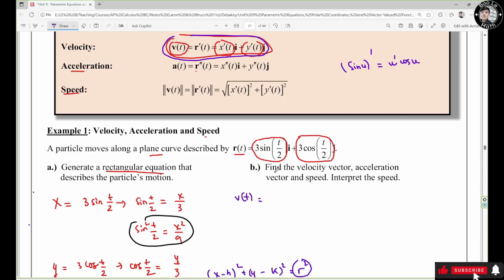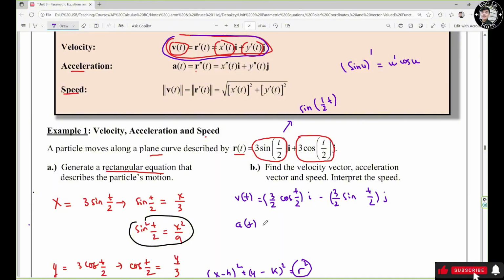Sine of t over 2 can be written as sine of 1 over 2 times t, so the derivative is 3 over 2 cosine of t over 2 i. Now the derivative of the second component is negative 3 over 2 sine of t over 2 j.